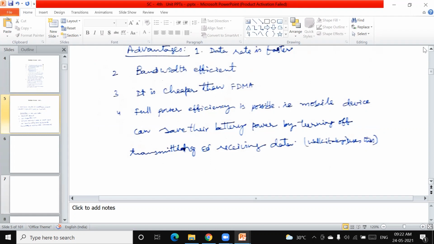FDMA can be used for analog and digital signals, whereas TDMA is used only for digital signals. Now we have studied the advantages and disadvantages of TDMA and FDMA, and we'll see CDMA in the next class, and further topics also follow.